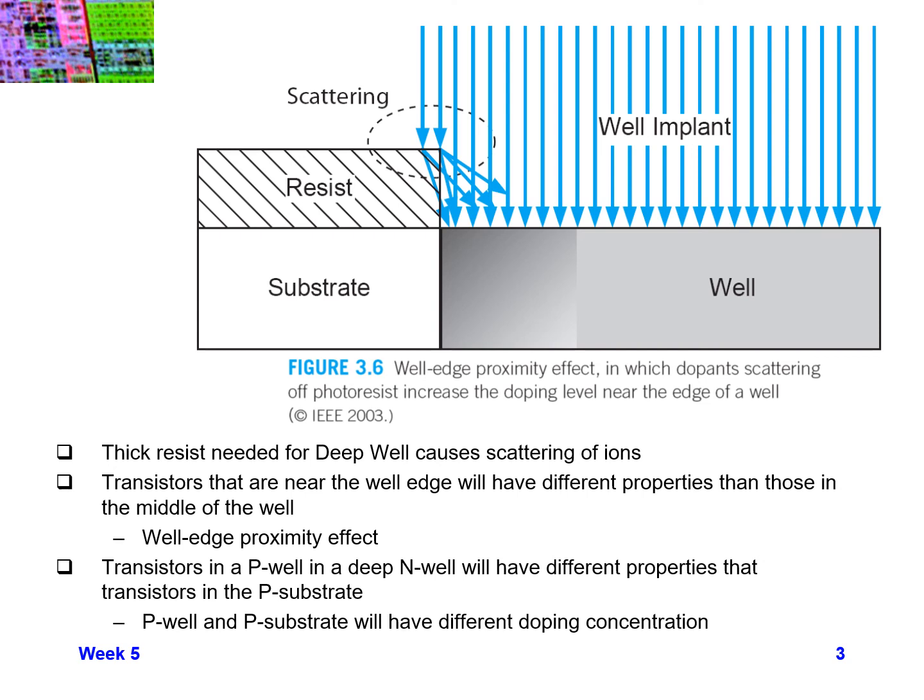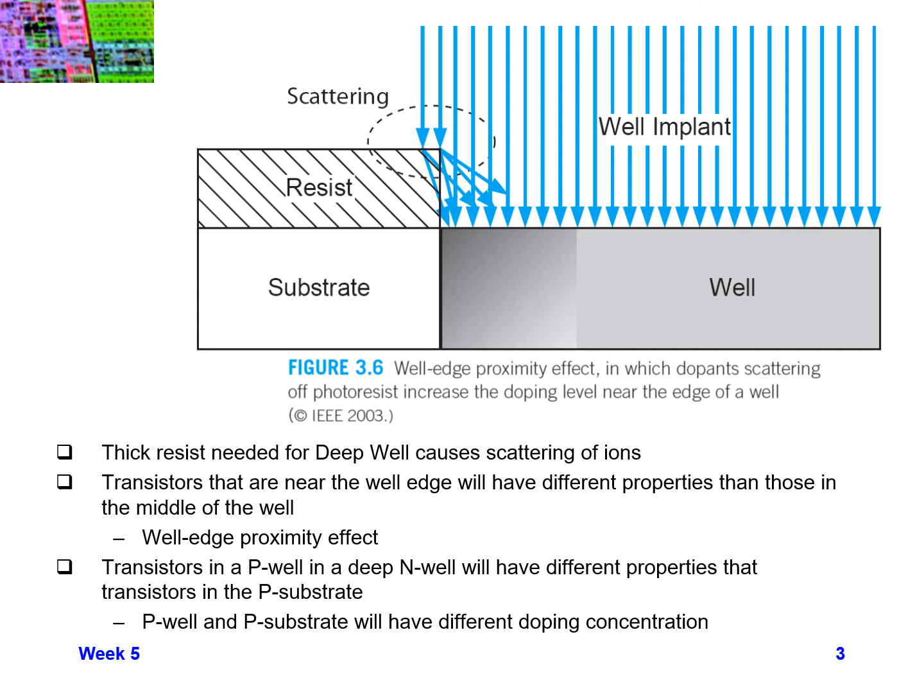And because that resist layer is thicker, when ions hit the very edge of the resist, as shown in the figure above, some of them will scatter off to the right toward the well, some will scatter into the resist and get stopped there. But the ones that get scattered to the right will cause additional extra ions, more ions than you want typically, scattering into the well at the very edge of the well as it's defined.